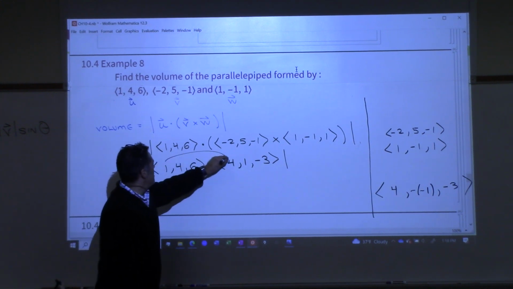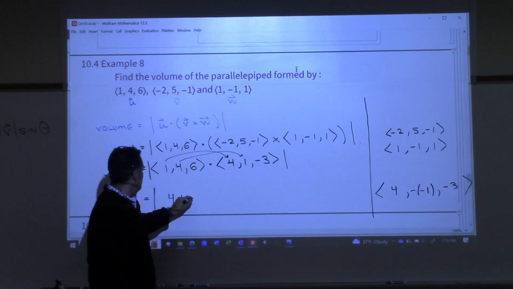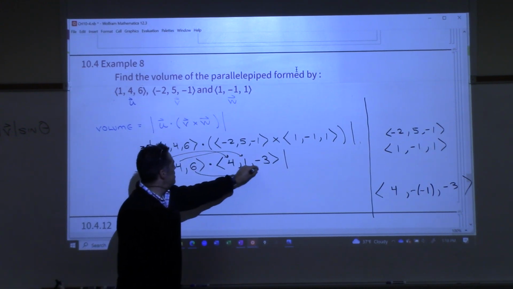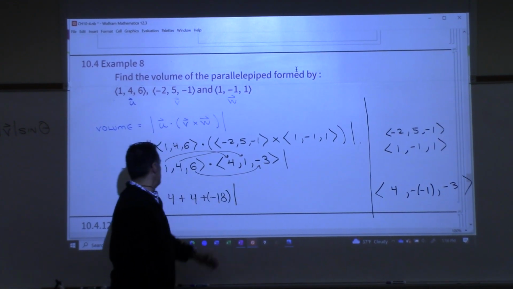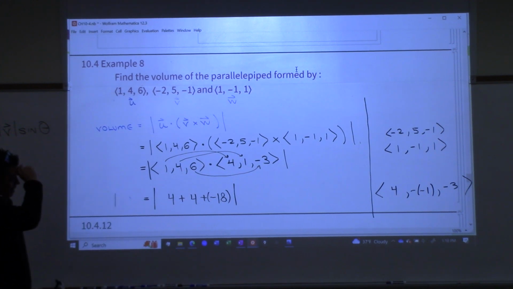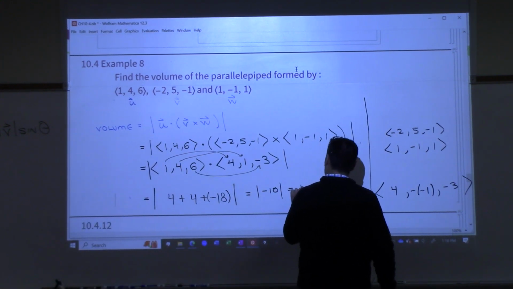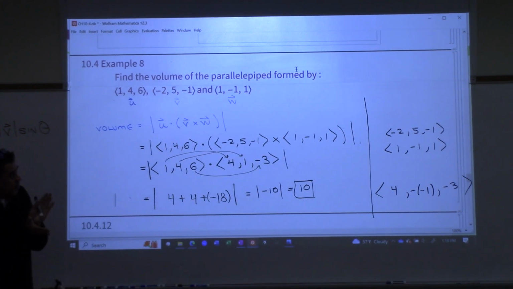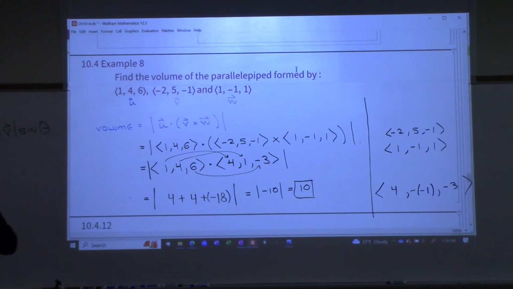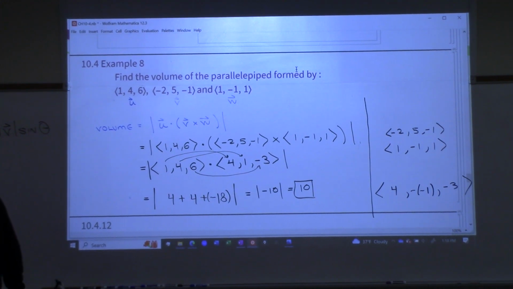So you just multiply this times this, that's 4, plus, now you do this times this, that's 4 again, and then plus you do this times this, that's -18. So I'm subtracting and adding a negative. So 8, take away 18, -10. Absolute value of -10 is 10. That's it. So if you were to take those three vectors, do the triple product, the volume of that parallelepiped would be 10 units, whatever the units are measured in, right?